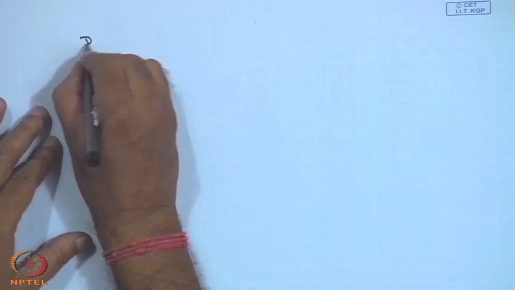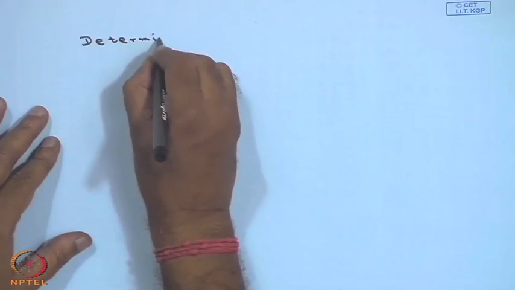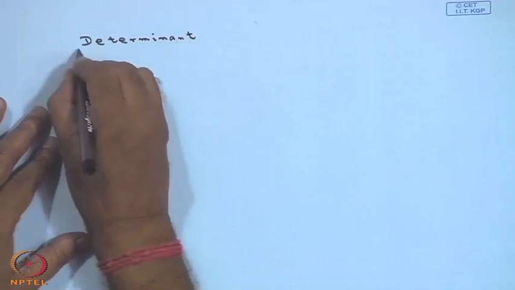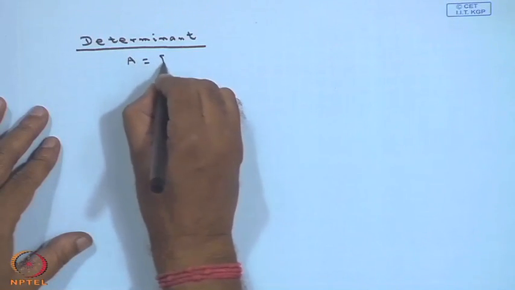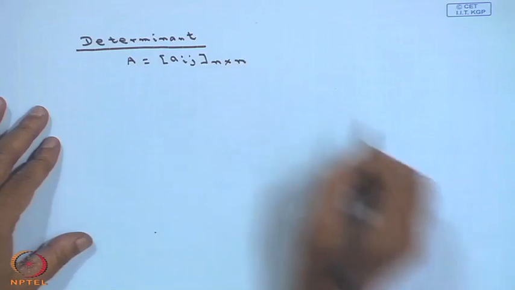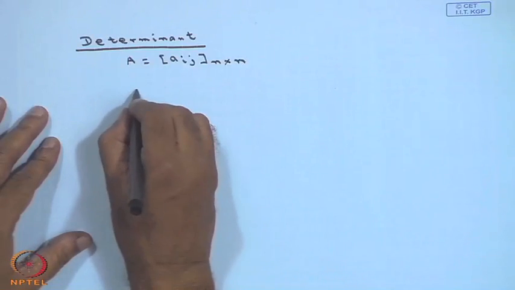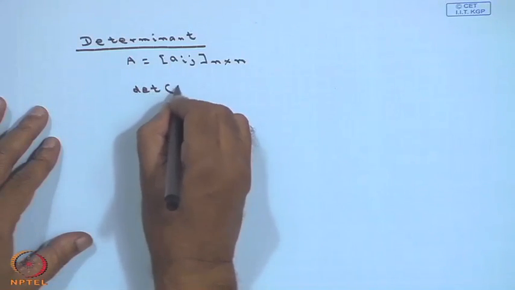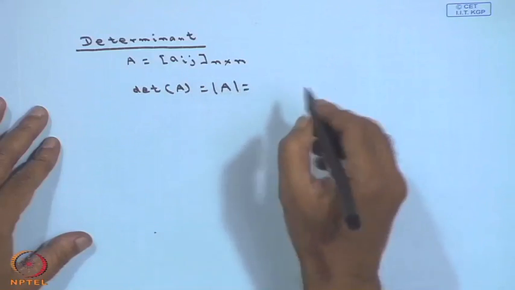The next one is determinant. Consider a matrix A equals Aij of order n cross n, that is, it is a square matrix. Then det A, we write denoted det A or this notation, whatever you want you can use.